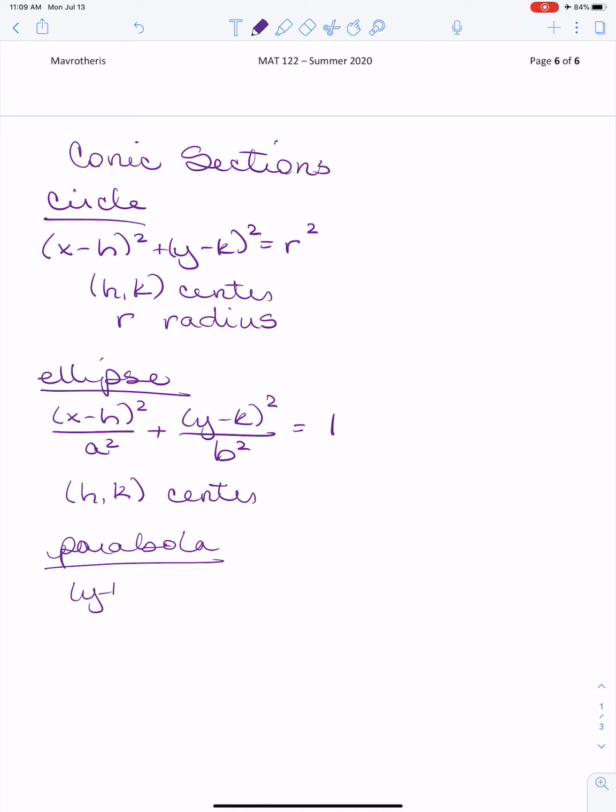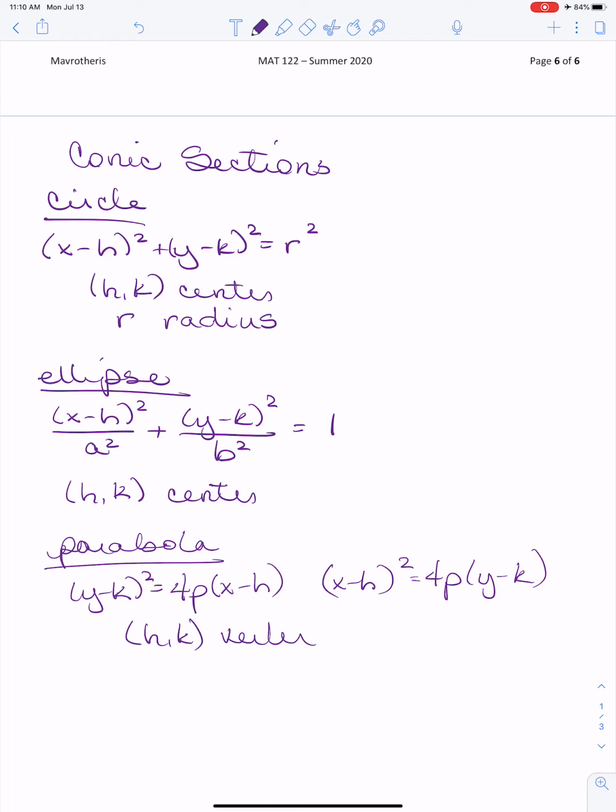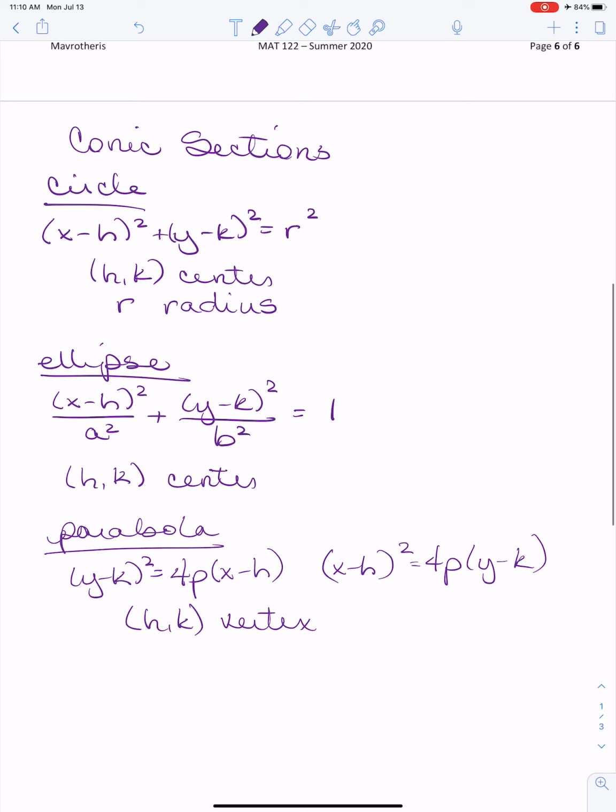We had (y minus k) squared equals 4p times (x minus h), and we also had (x minus h) squared equals 4p times (y minus k). (h, k) is our vertex. Depending on whether y is squared or x is squared, we know that this either opens up, down, or left, right. And we also had a hyperbola.